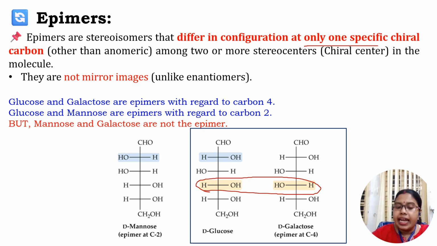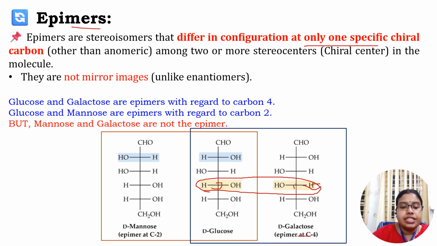But in D-galactose, OH is on the left-hand side and H on the right-hand side. We said epimers differ in configuration at only one specific chiral carbon. So glucose and galactose differ only at the C4 chiral carbon. So D-glucose and D-galactose are epimers of each other at C4.